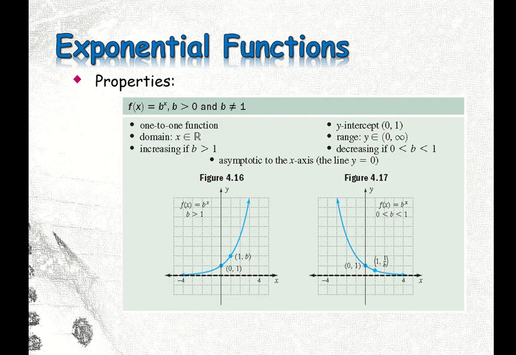Next we have very important properties of exponential functions. From the previous two examples, these are the conclusions that we can draw from the results. So f of x equal to b raised to the power x, where b is greater than 0 and b not equal to 1.